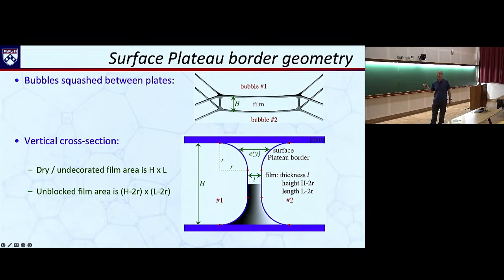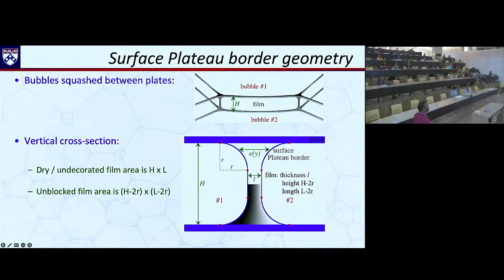So on this slide, I wanted to define some geometry for us that will allow us to do the calculations. We're going to call capital H the gap between the plates. That's an important geometrical scale that we control as experimentalists. The film thickness, L, we can't control. But the radius of curvature, R, of the surface plateau borders, we can control.